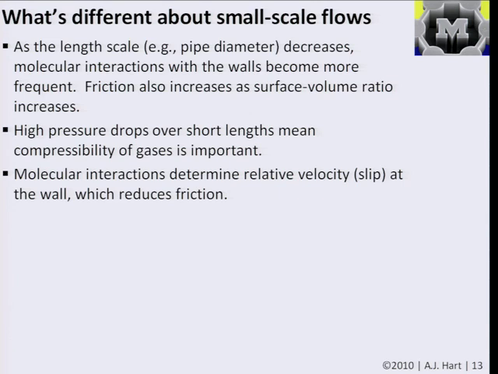However, it turns out that although smaller pipe size means there's more friction, the presence of slip, which is always there but becomes important to us because we have to consider the wall interactions at the small scale, actually reduces the amount of friction, because a main source of friction through a pipe is the drag that the molecules feel against the wall. If you relax that condition a bit, or if the molecules right against the wall have a higher relative velocity, then the amount of friction through the pipe decreases.